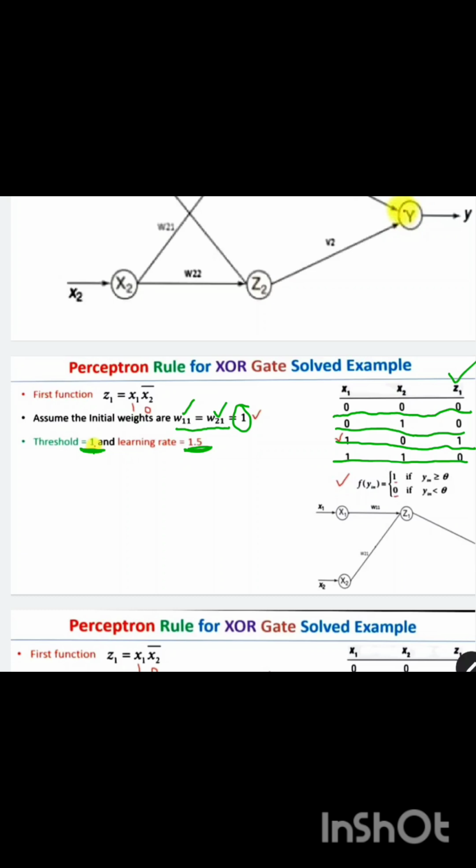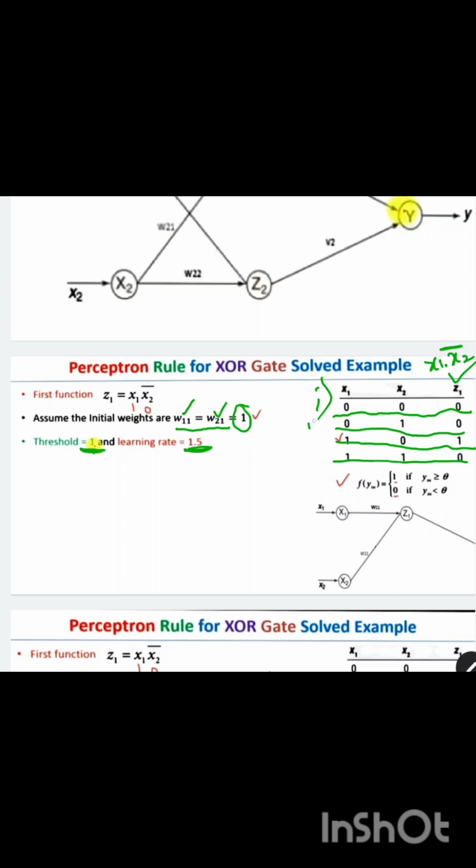Z1 is the first output. Alright, so here z1 is nothing but x1 into x2 bar. So we have calculated it. So x1 is 0 for the first example. X1 is 0 and x2 is 0. So 0 bar means 1. So 0 into 1 is 0.